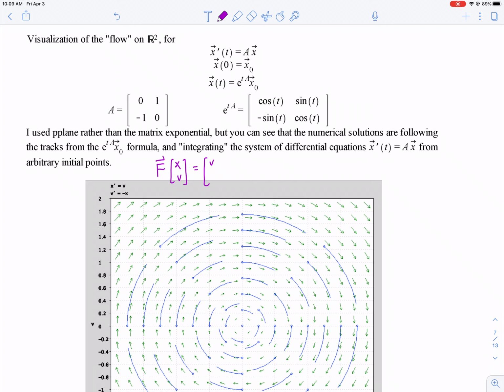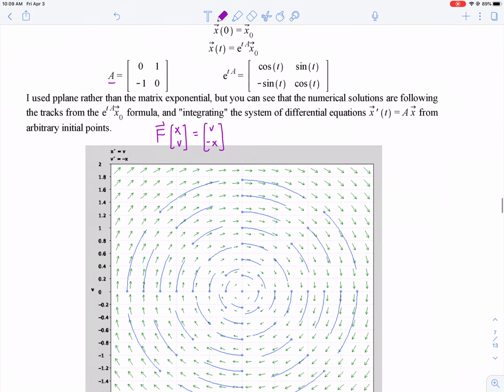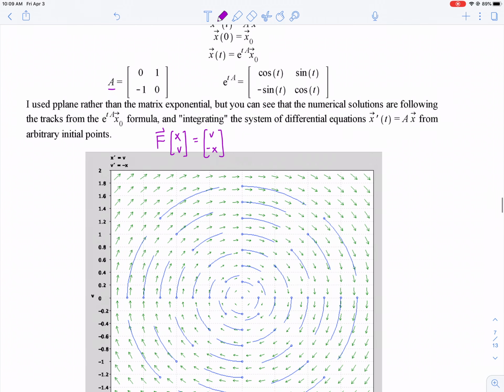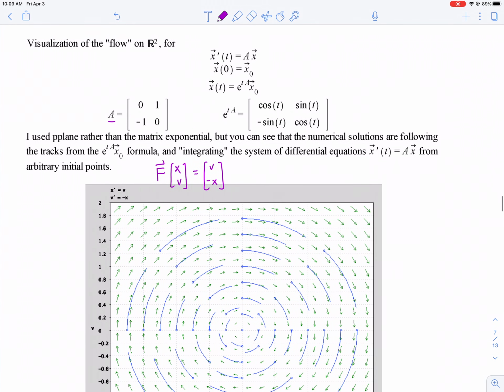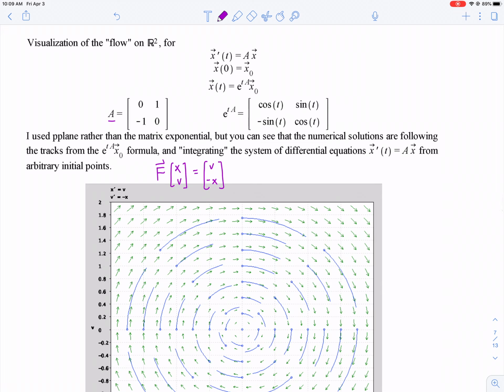So because A was the given matrix, the vector field at x, v is v, minus x. And we've studied this field before. That is the vector field which is tangent to circles centered at the origin.